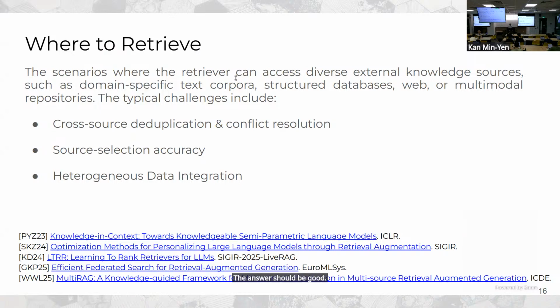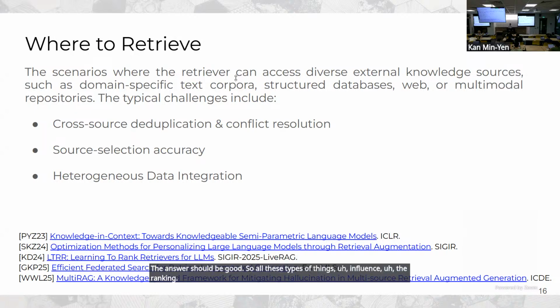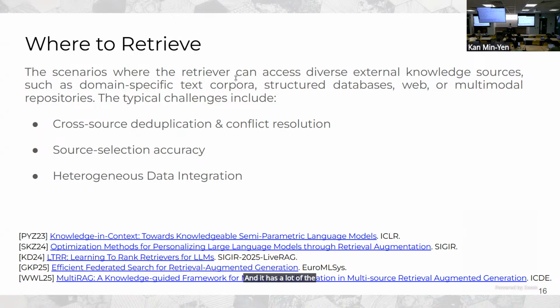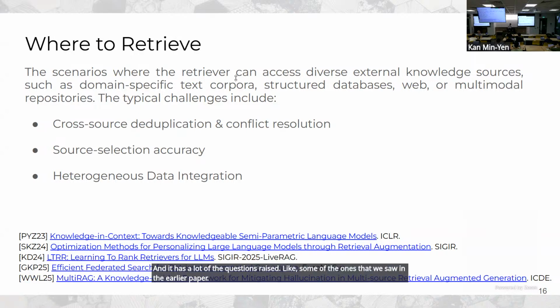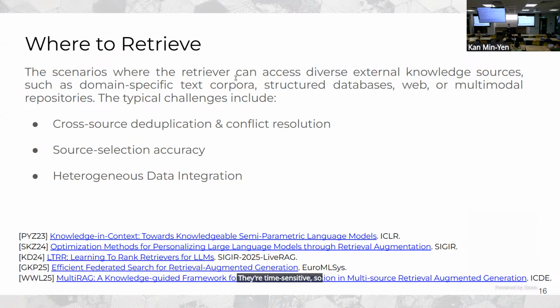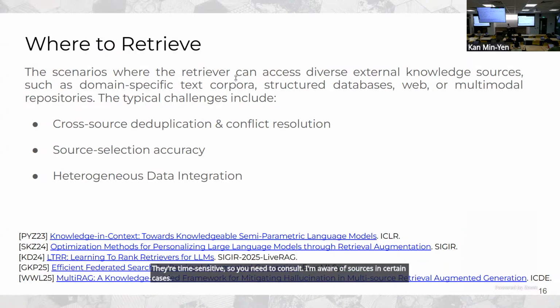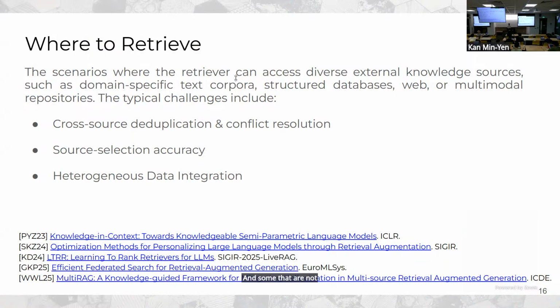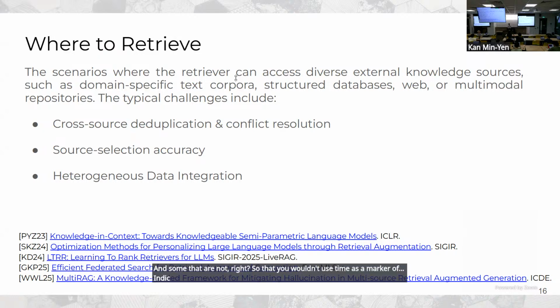All these things influence the ranking, and it depends a lot on the question types. Like some of the ones we saw in the earlier paper, they're time sensitive, so you need to consult time-aware sources in certain cases, and some are not, so you wouldn't use time as a marker of what the correct answer or page is.